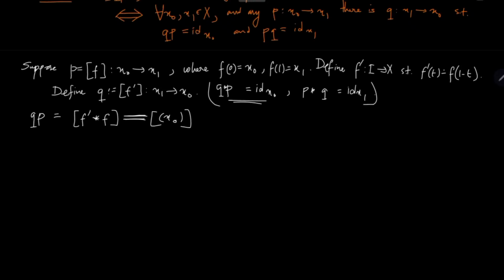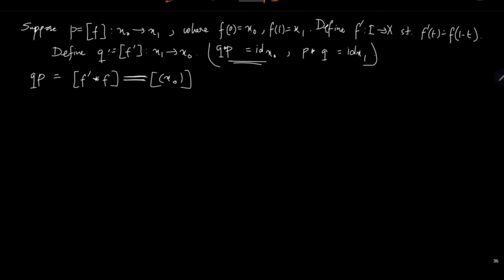So we have to show that this is the class of the constant map x0, as in we have to show that f dash star f is path homotopic to the constant map x0.